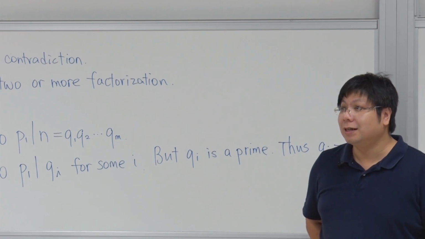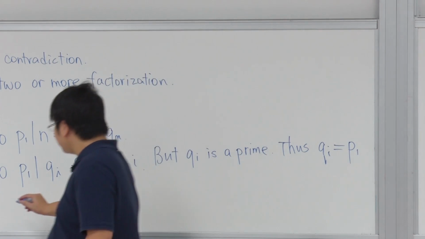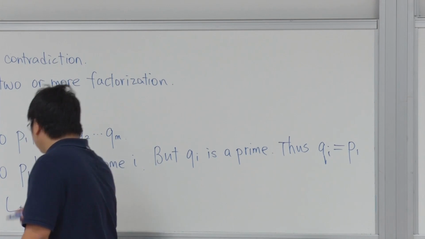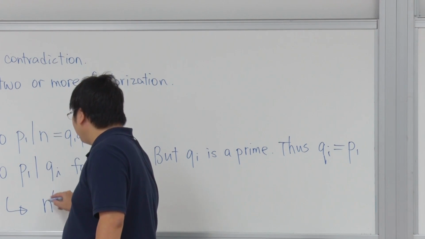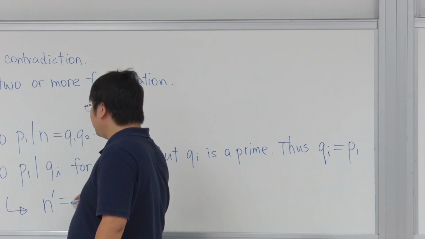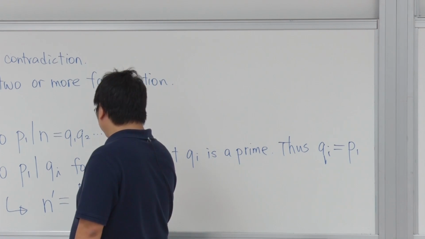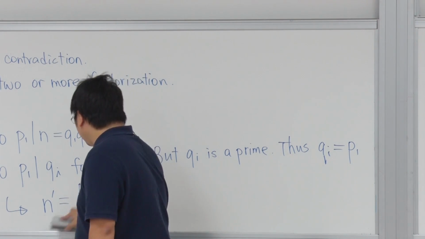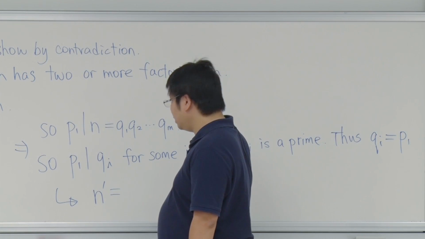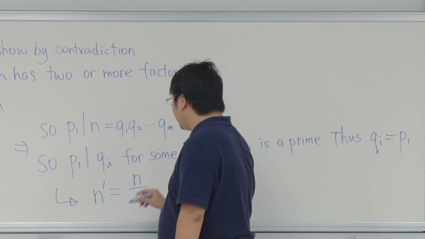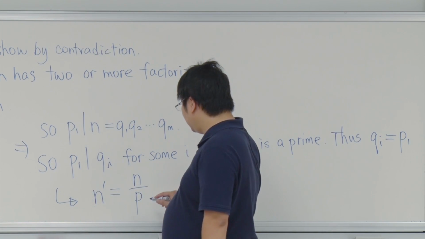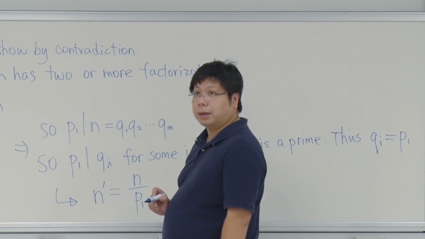So this implies we can get some n prime, equal to n divided by p1.